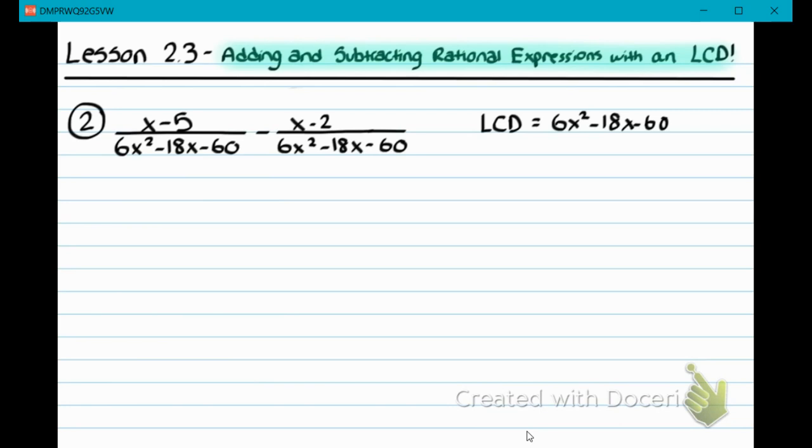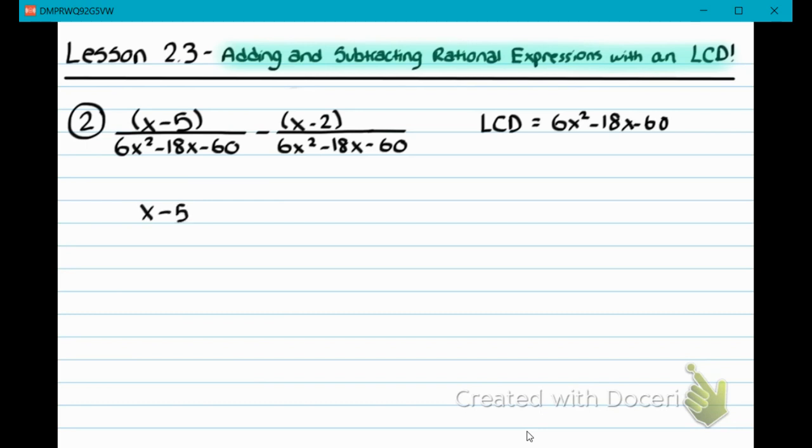Okay, so now all you have to do, put the numerators in parentheses, and combine like terms in the numerators. You have to remember that either you have to do keep, change, change, keep this one the same, change this to plus, make this a negative x and a positive 2, or remember to distribute the negative sign, which is how we're going to go through it. So x minus 5.